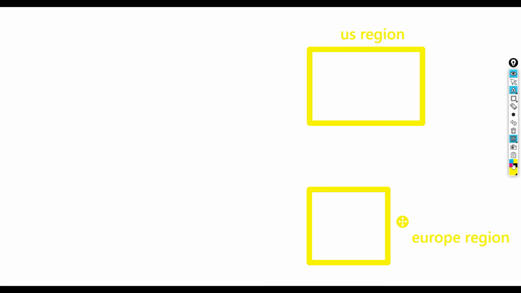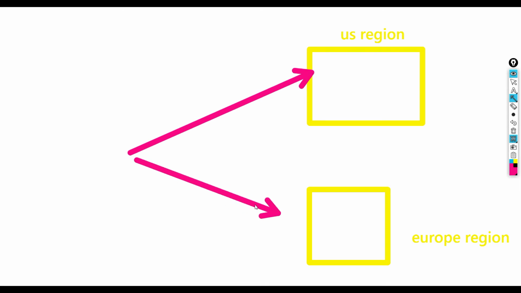Now when any request comes to the server, it always sends 100% of the network traffic to the primary zone, and it does not send any request to the standby zone. So let me write here: 100% of the traffic to primary and 0% of the traffic here.